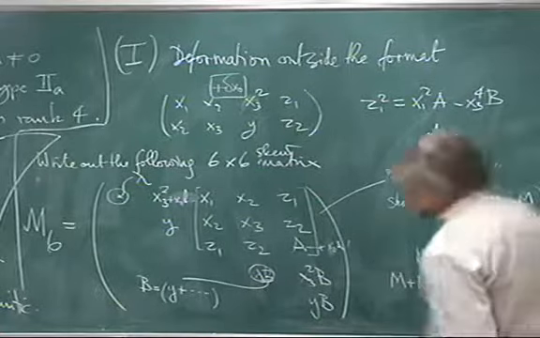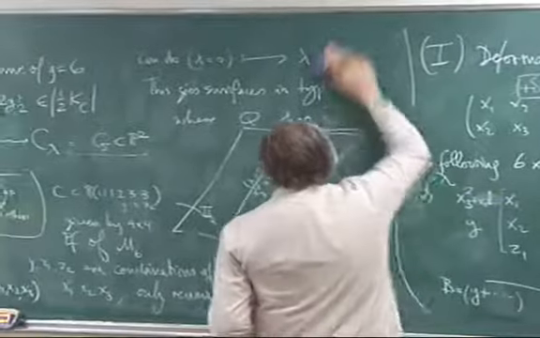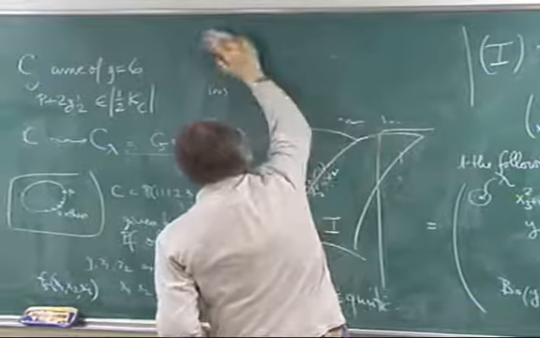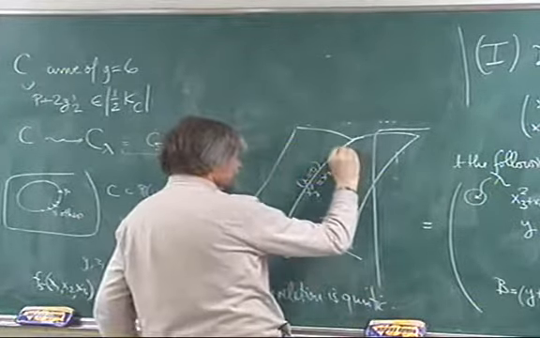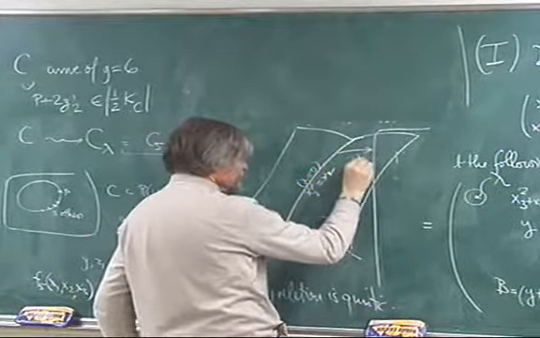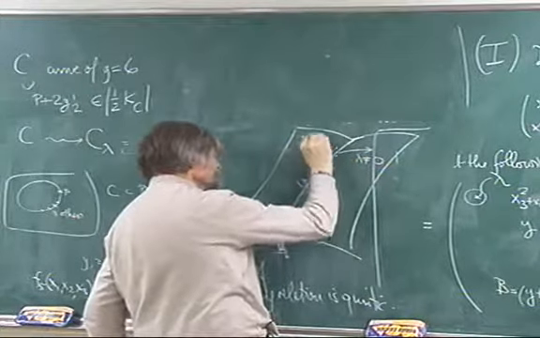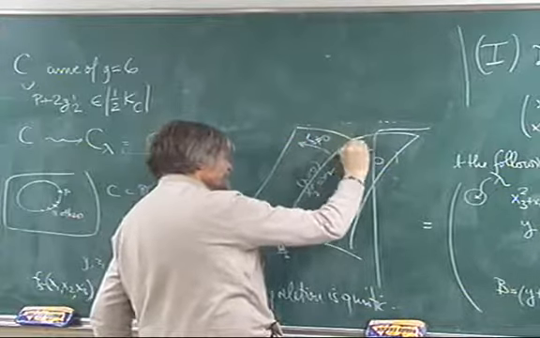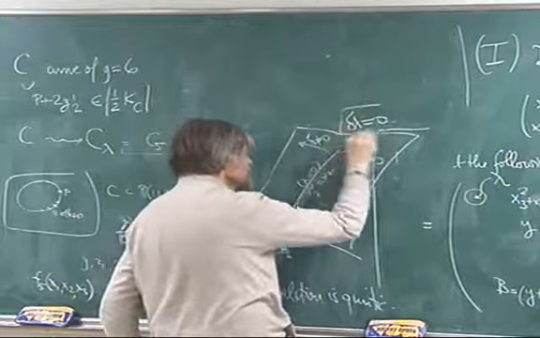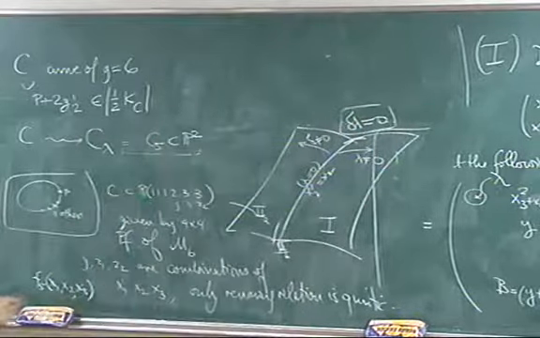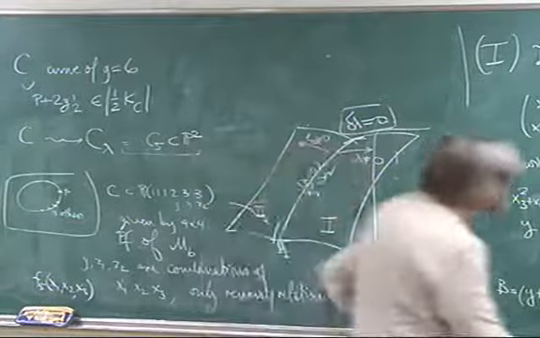So this picture here is saying, this is lambda not equal to 0, and this is delta not equal to 0. And this equation is saying that delta times lambda equals 0. Okay.